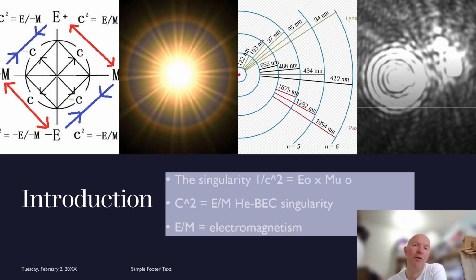So the nucleus itself with the event horizon of 1 over c squared, and the model on the left is plotting the rearrangement of Einstein's equation c squared equals e divided by m onto a mathematical cross where e plus and e minus are on the y-axis, m plus, m minus are on the x-axis, and c and negative c are coming out of the singularity, the point within the center of the atom.